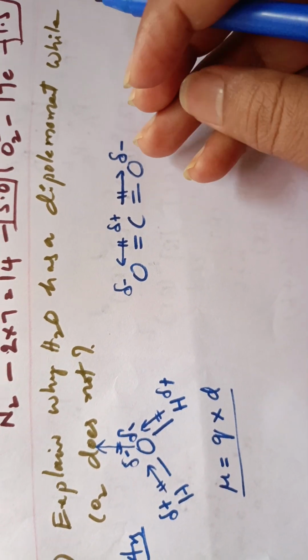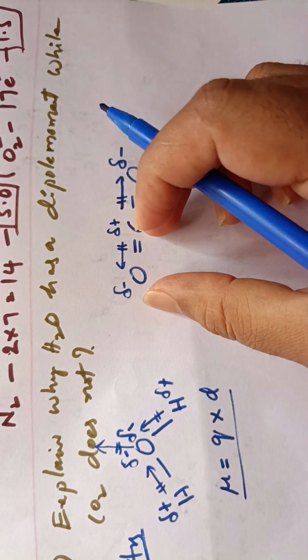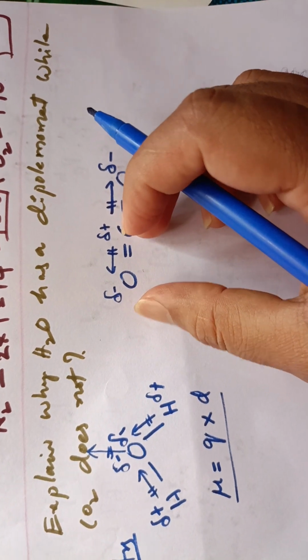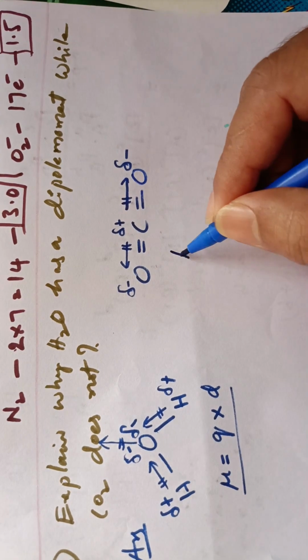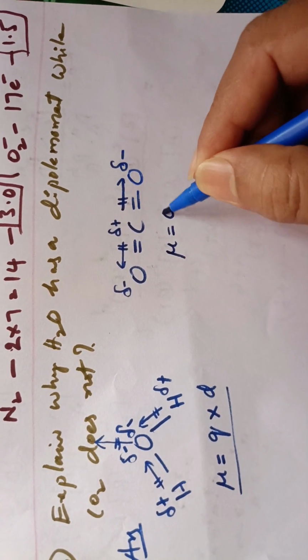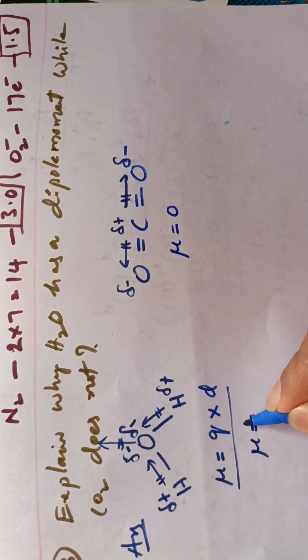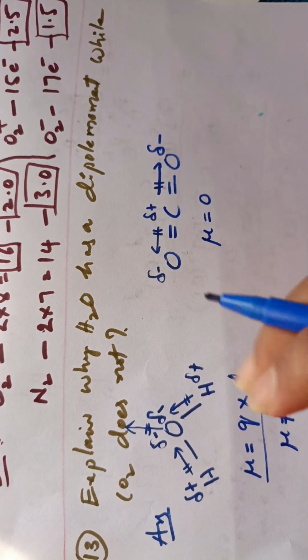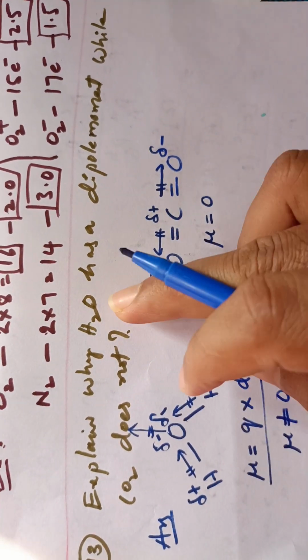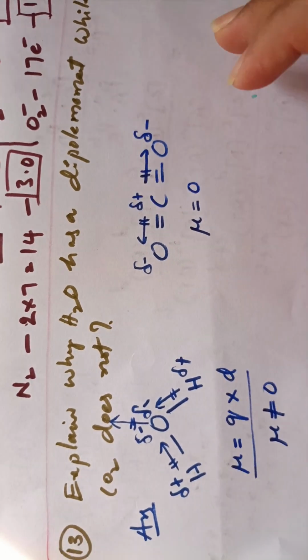So finally this molecule has zero dipole moment because this dipole moment is cancelled by this dipole moment. So finally this molecule has dipole moment 0. This molecule has some dipole moment, that means not equal to 0. So that is the reason. Okay, H2O has the dipole moment and CO2 does not.